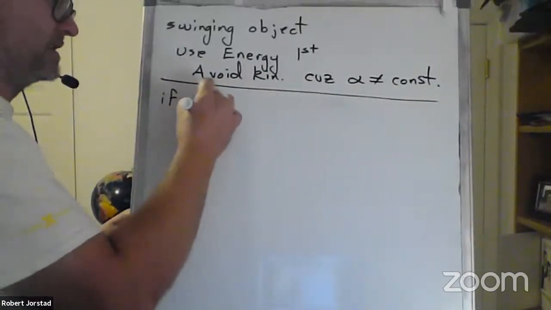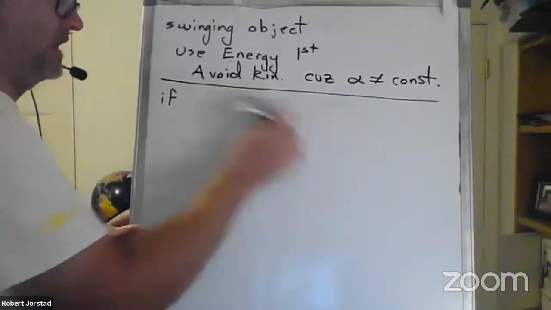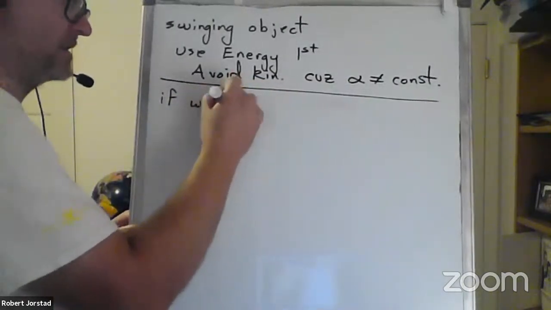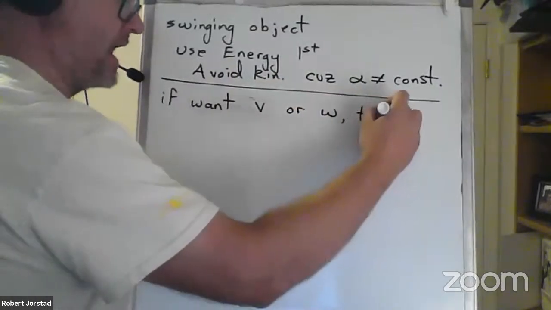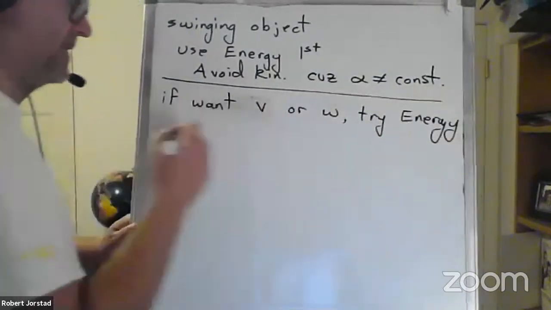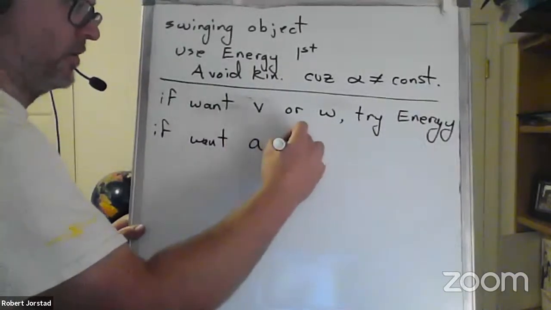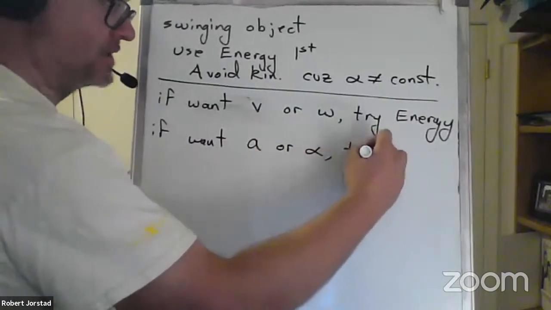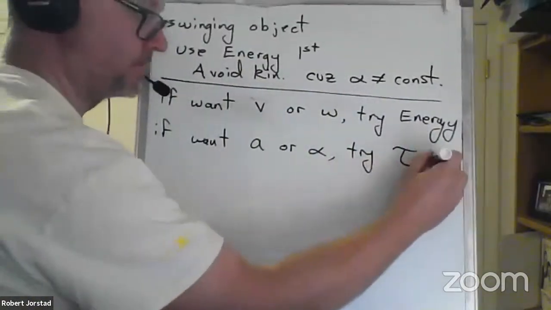If speed, how about I say it this way? If you want v or omega, try energy. That was a takeaway we learned today. If you want a or alpha, try torque and force.